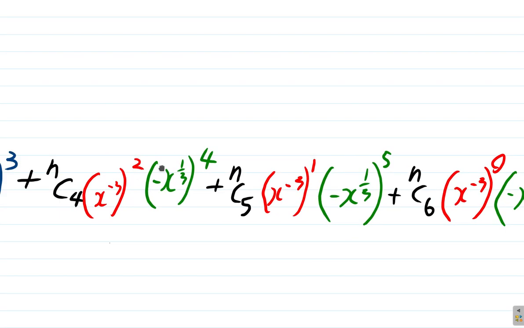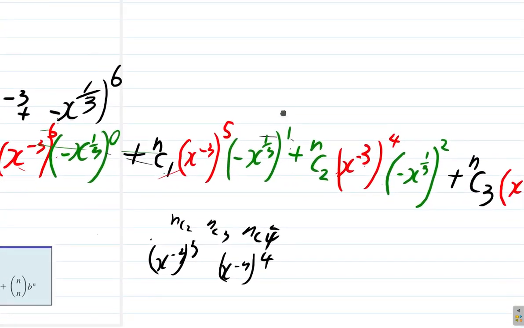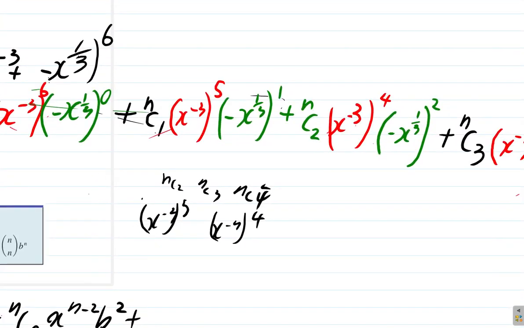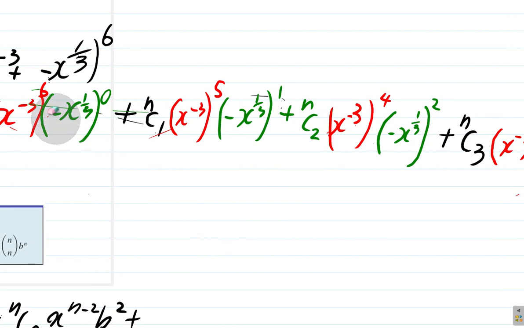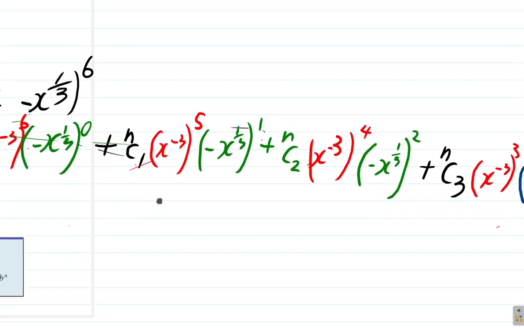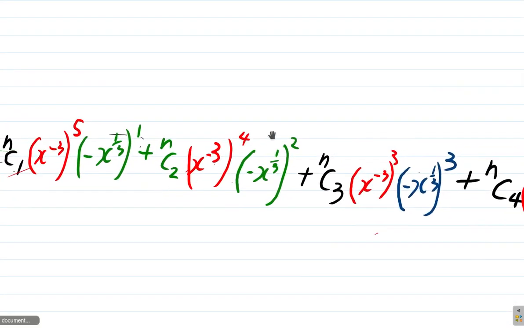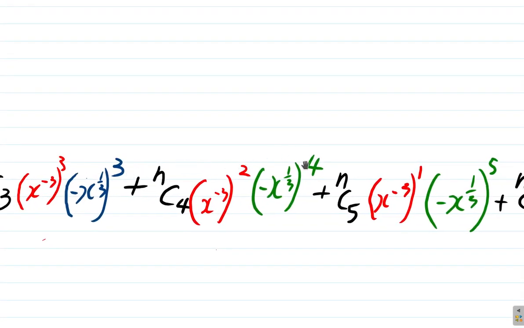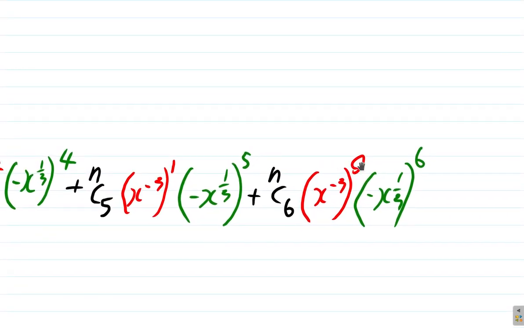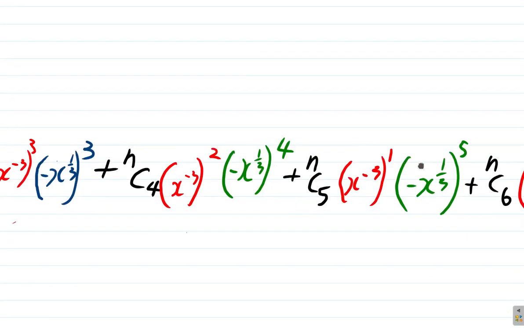Alright? Now notice here, let me just erase this first, that the powers add up to 6 at all times. 6 plus 0 is 6, 5 plus 1 is 6, 4 plus 2 is 6, 3 plus 3 is 6, 2 plus 4 is 6, 1 plus 5 is 6, 0 plus 6 is 6, alright?